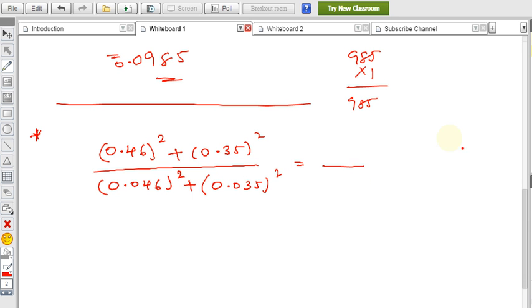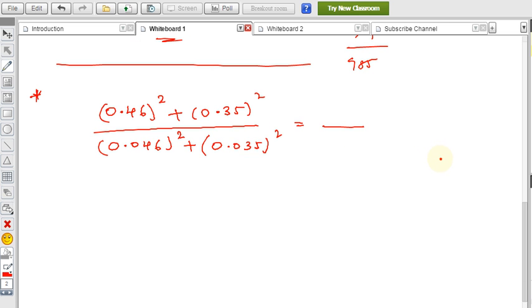Problems like these I'll tell you a shortcut for. If you observe, after 0.46 comes 0.046, so there is one digit extra after the point. Here 0.35 becomes 0.035, so again one digit extra.